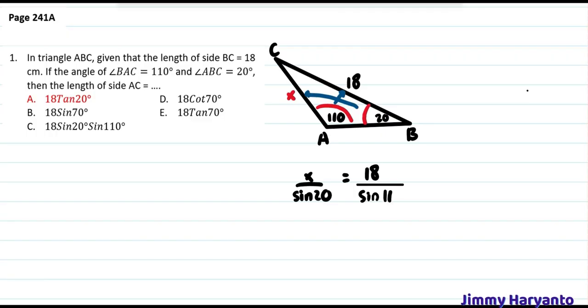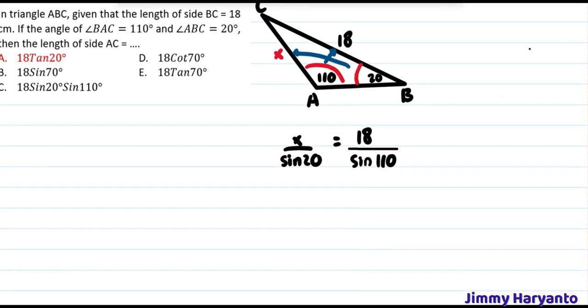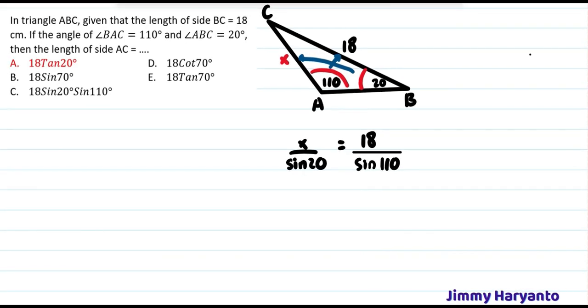sine 110. Okay, so this one is interesting because we cannot calculate this because the angle is not special. We can calculate this when we have the calculators. Yes, so I have an idea.